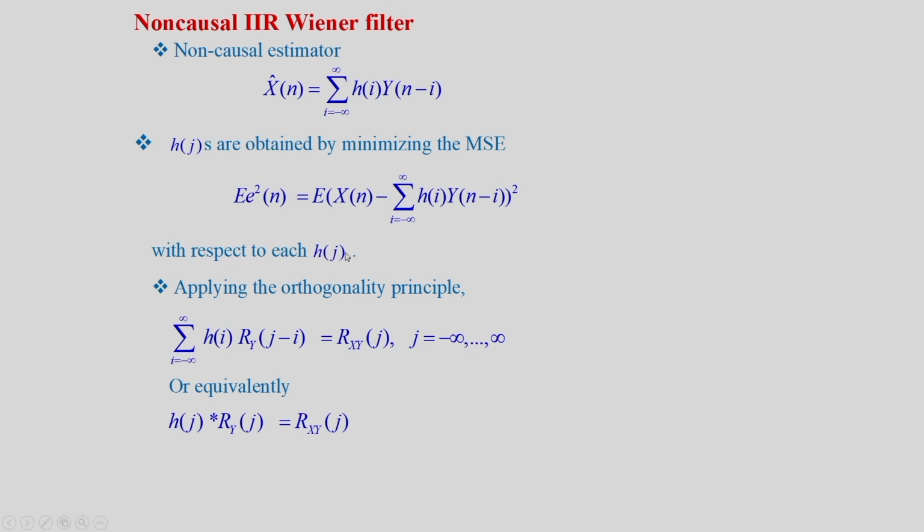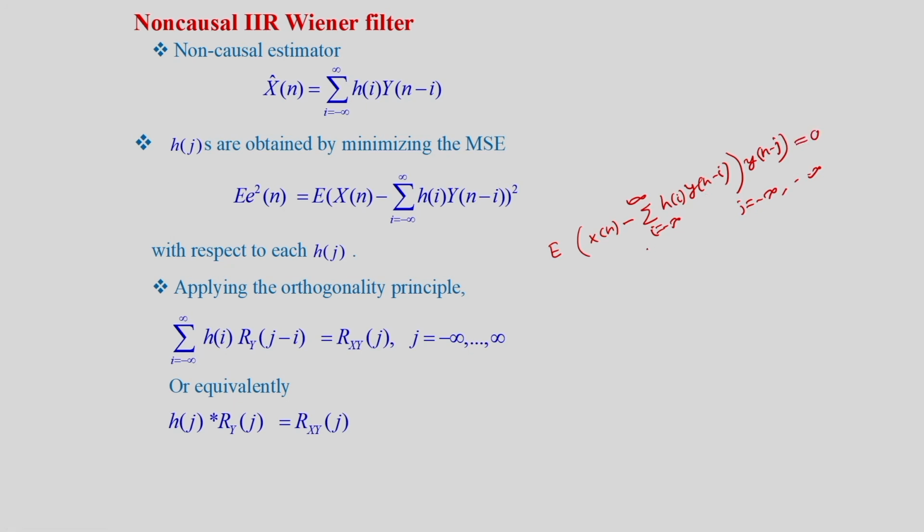Again, we apply the orthogonality principle. What is the orthogonality principle? The error is orthogonal to the data: E of (xn minus summation hi into yn minus i going from minus infinity to plus infinity) times y of n minus j is equal to 0.